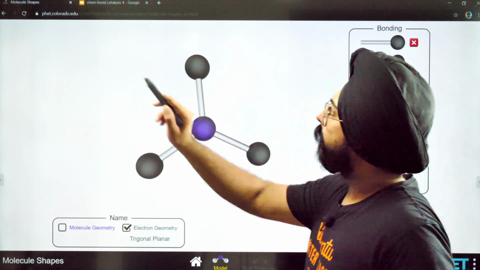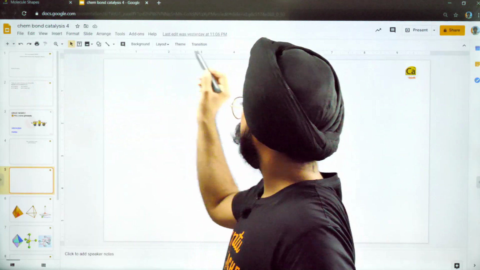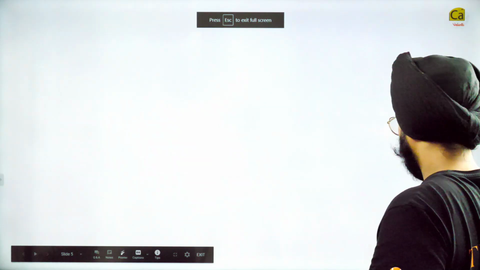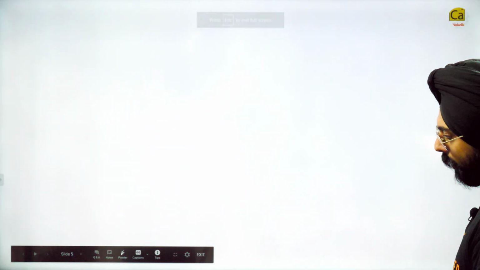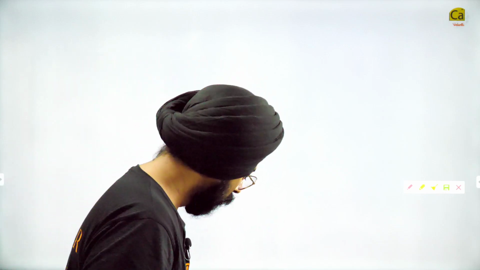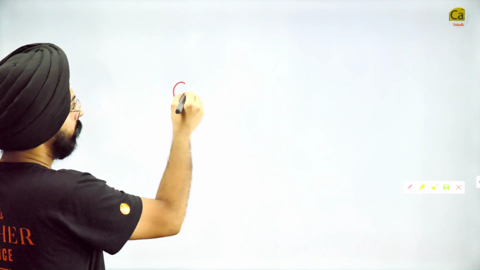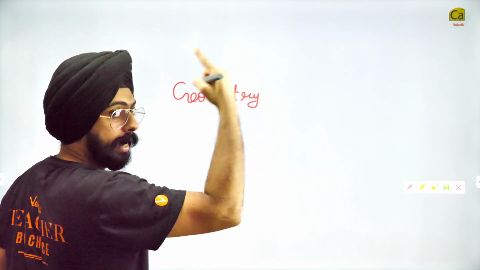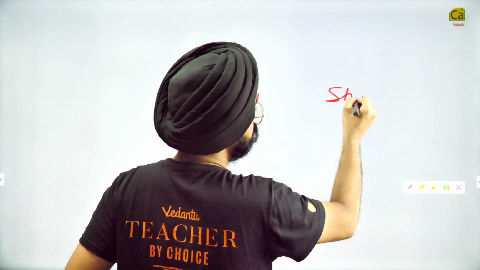Now, coming back to our whiteboard, ठीक है? Let me tell you that there are 2 things that we can define in VSEPR. One is geometry, and the other thing is called shape.